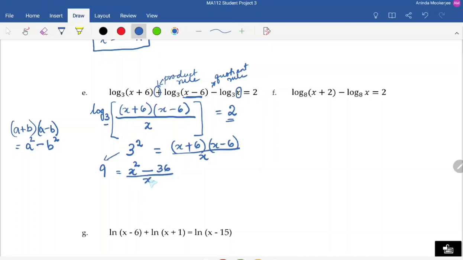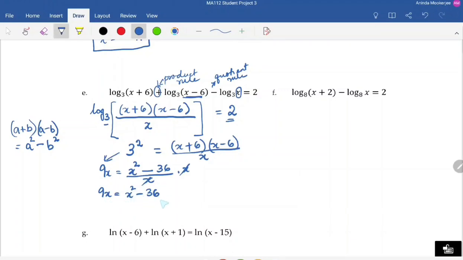All right. So now let's continue simplifying this. We can cross multiply 9 and x, and we will have 9x equals x squared minus 36, right? So how did I get this 9x? You can either cross multiply, or to remove the denominator, you can multiply both sides essentially by x. So that's what I did. All right, so now we have 9x equals x squared minus 36.